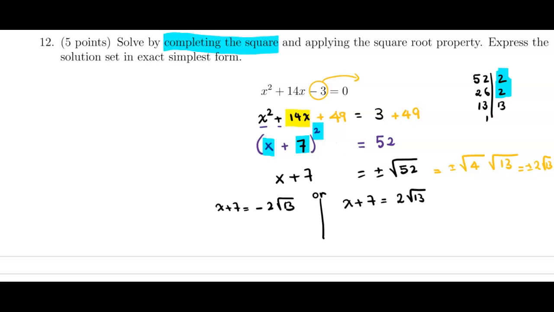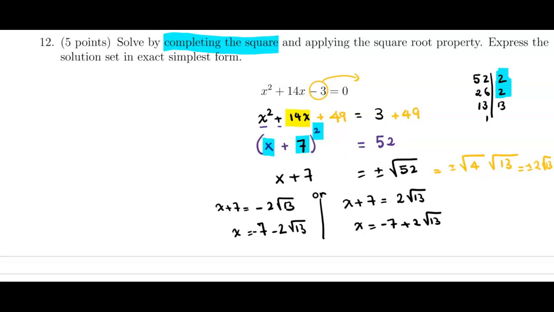Now if I solve for x, it's going to be minus 7 minus 2 radical 13. The same thing if I solve for x here, moving the 7 to the other side, it can be minus 7 plus 2 radical 13.